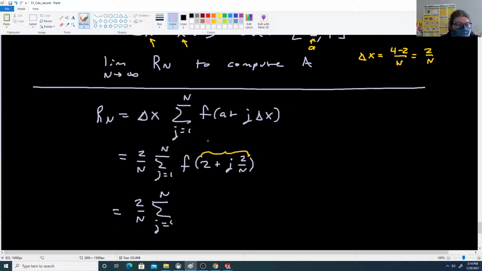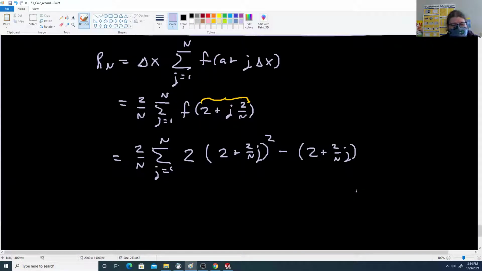And then it'll be 2 times this stuff here squared. I'm going to switch where the j is on it like that. So that's 2 times x squared minus that plus 3.